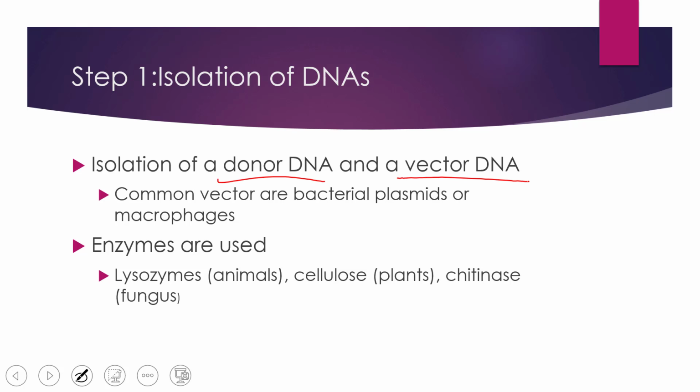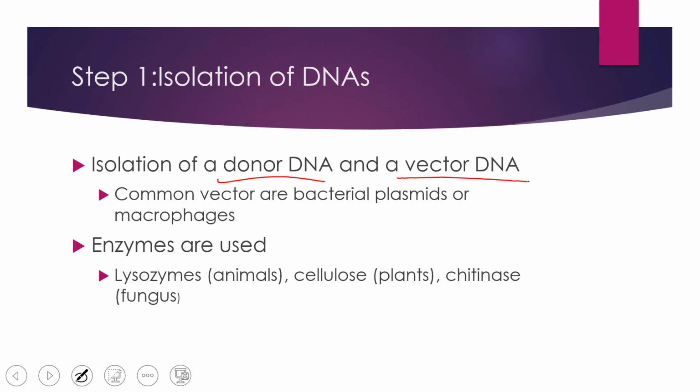Each of these is going to be used to create one singular recombinant DNA molecule. Our donor DNA is in many cases the particular gene or trait that you're trying to replicate or duplicate or to place in another DNA.